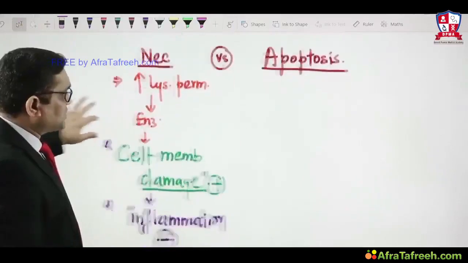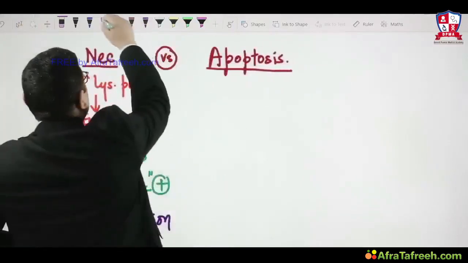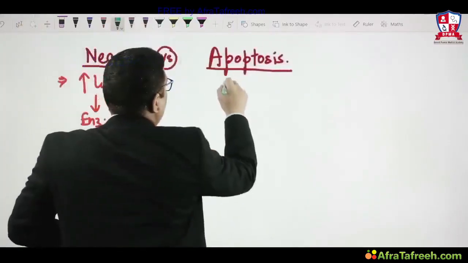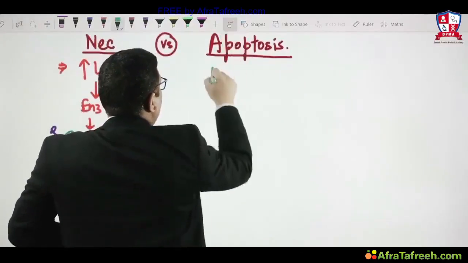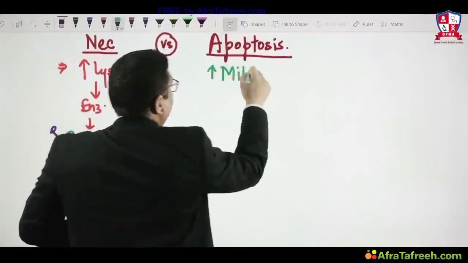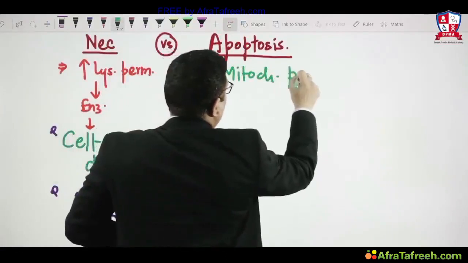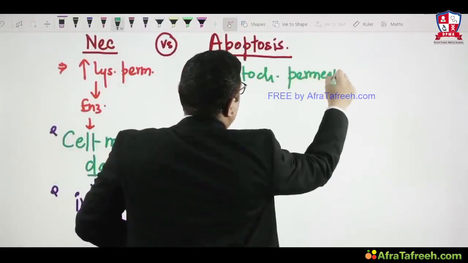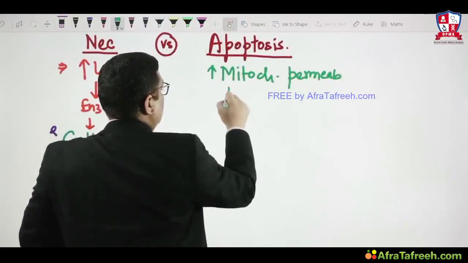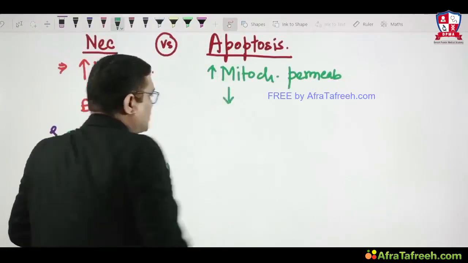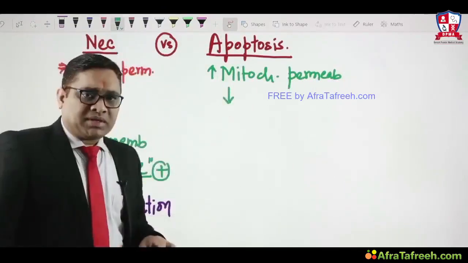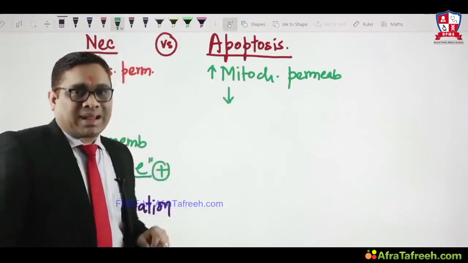What will happen in apoptosis? Apoptosis is basically due to an increase in mitochondrial permeability. Mitochondrial permeability will be increased and enzymes will be released, and these enzymes will cause damage of the cell, but in this type of damage, the cell membrane will be intact.